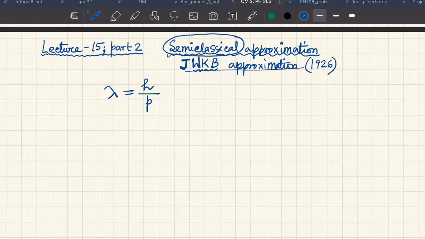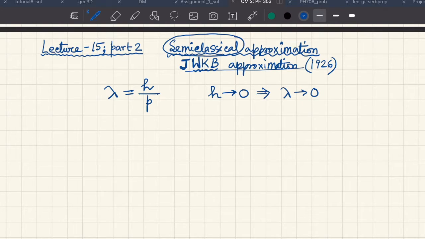So now you can also think of this particular scenario in this manner. You can take the Planck constant h going to zero limit, and this will formally make the de Broglie wavelength very small.